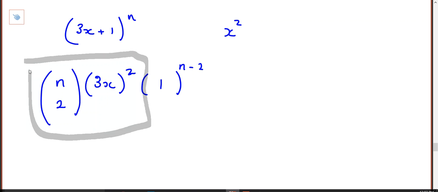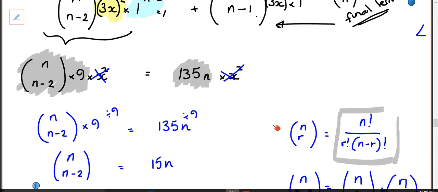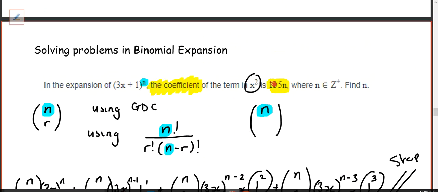And then we still have to use the formula. Do you get what I was talking about when I said, it says in the question, the coefficient automatically means that in a problem solving question like this, you're going to be using this formula. That's a way of forcing you to use that formula. Otherwise you can just use your calculator.